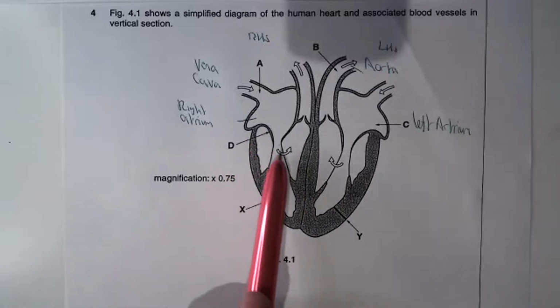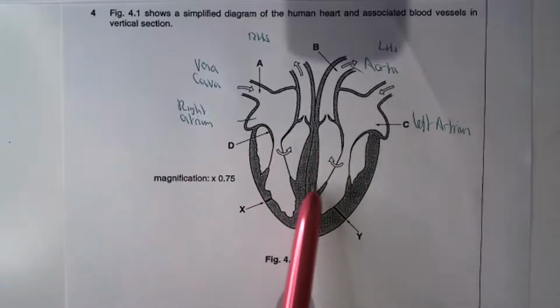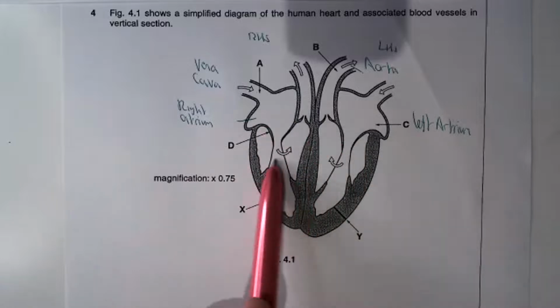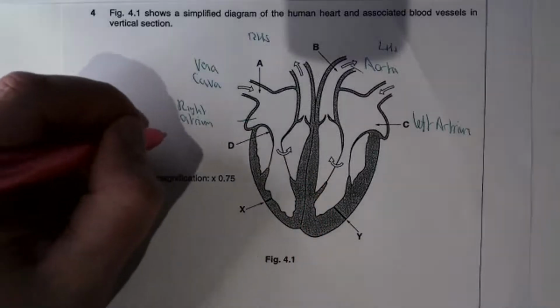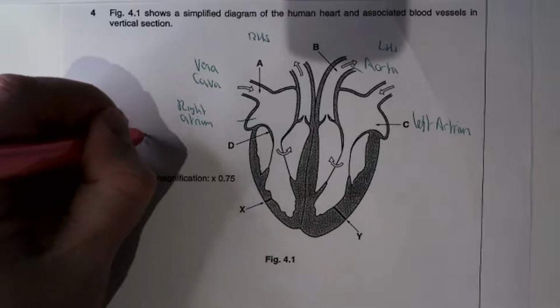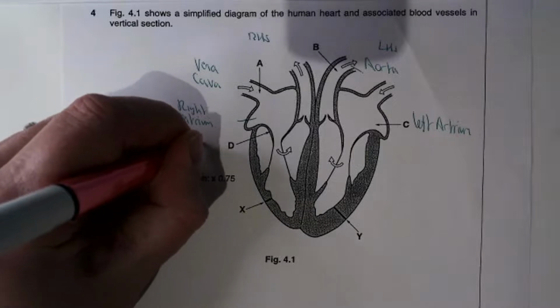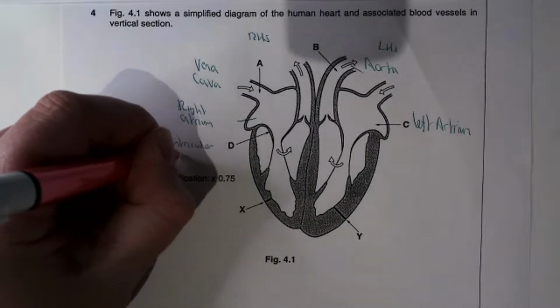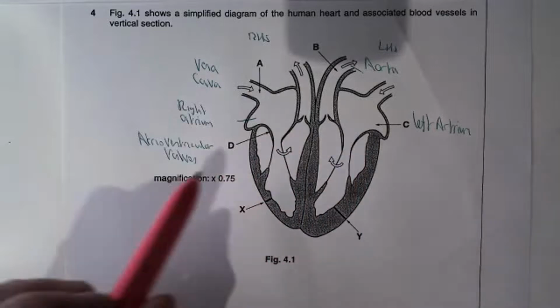Part D is pointing to the valves. These valves prevent backflow into the atriums when the ventricles are contracting. You can call those the atrioventricular valves, and we have those on the left-hand side and the right-hand side.